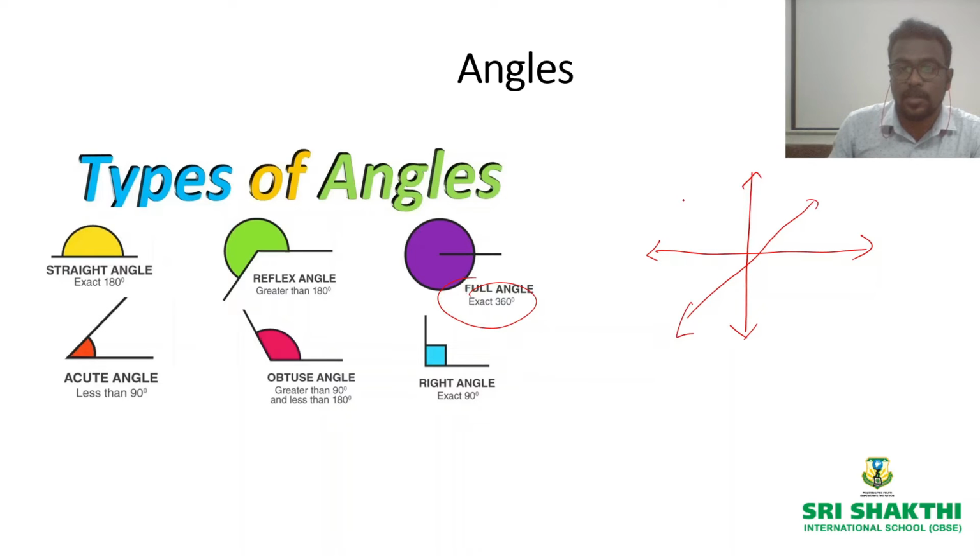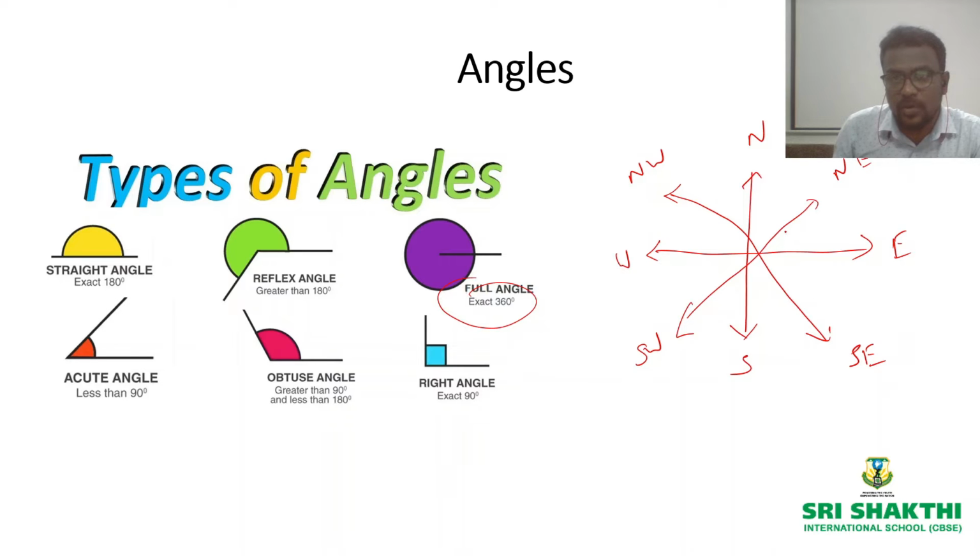So if we split up into 8 parts, how many angles do we get? So north, south, west, east, northeast, northwest, southwest, and southeast. So if we take this northeast and eastern part, it will be considered as 45 degrees. And if you take north to east, that is nothing but 90-degree.